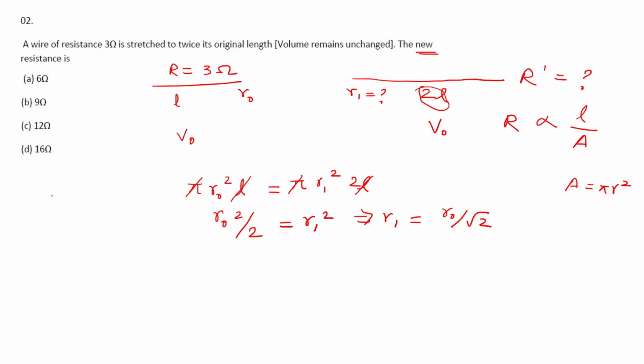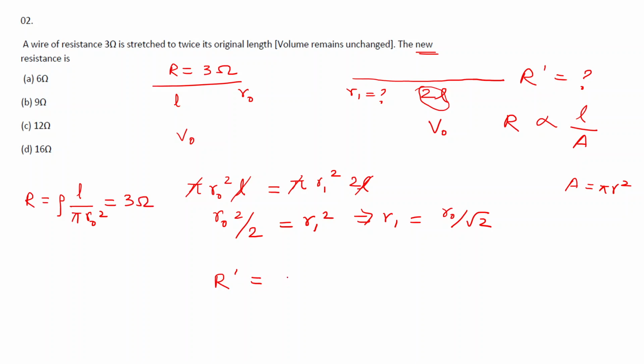Now the new resistance will be... okay, so old resistance, which value was 3 ohm, it will be resistivity of the wire, which will not change even after stretching, right? It's the property of the material. So resistivity times the length L and the area pi r naught square, and this was 3 ohm.